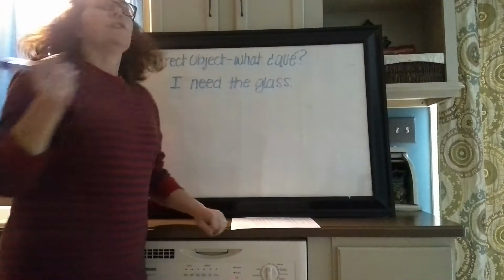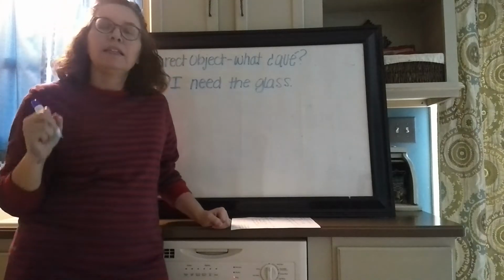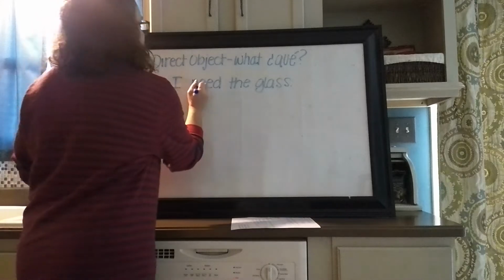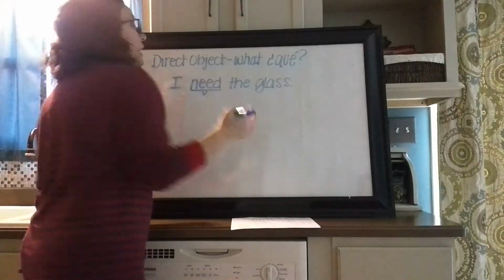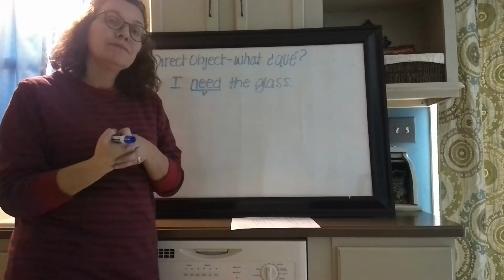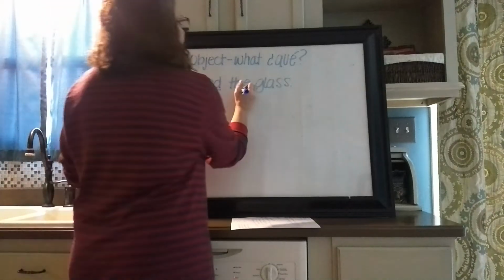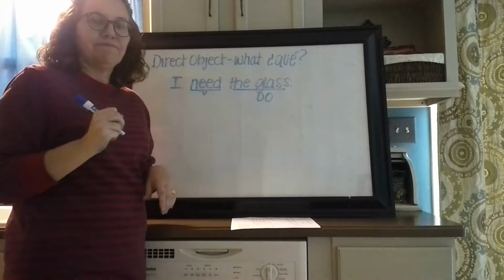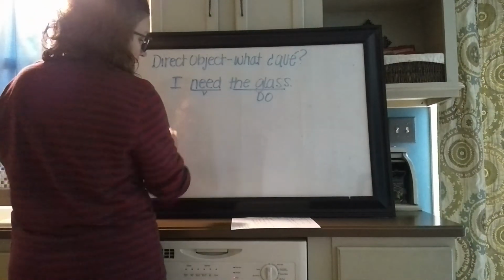All right. So the first sentence is, I need the glass. The verb is to need. And what do I need? Right, the glass. The glass is my direct object. Next sentence.